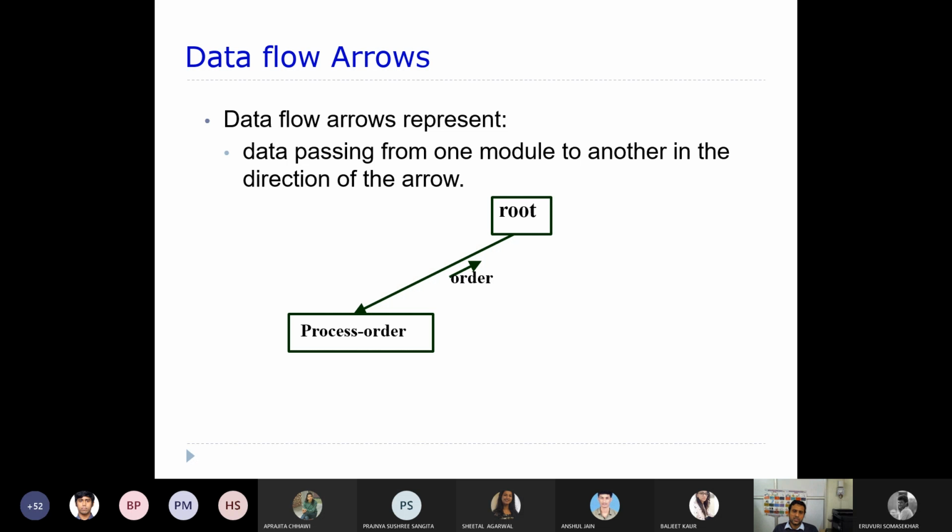That means here, when the root module called this process order module, and after this module is executed, it sends some data, order data, back to the root module. This says that data flows from process order to the root module.